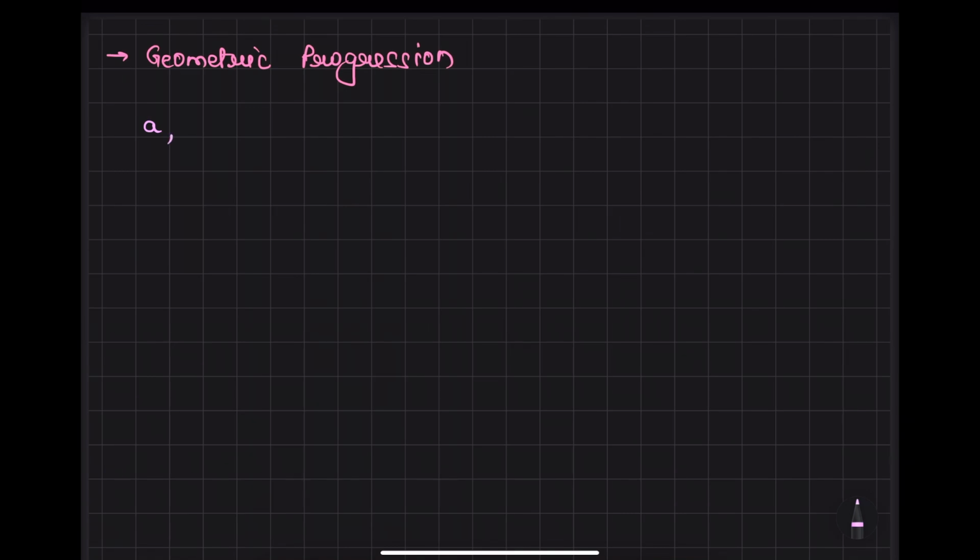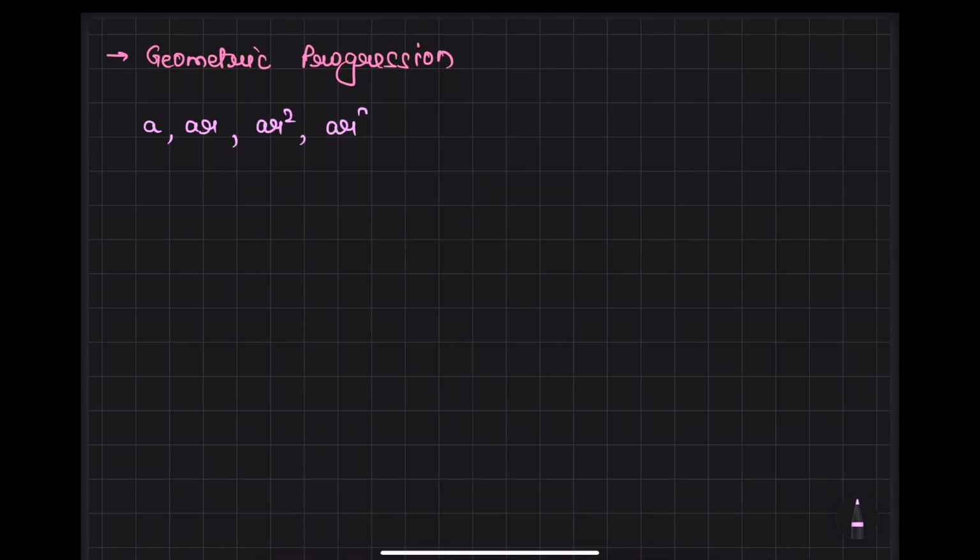Now you multiply by a specific constant other than 0, and you keep on multiplying by that constant throughout the sequence. Suppose you multiply by r, so you get ar. Now again you multiply by r, to get ar square.